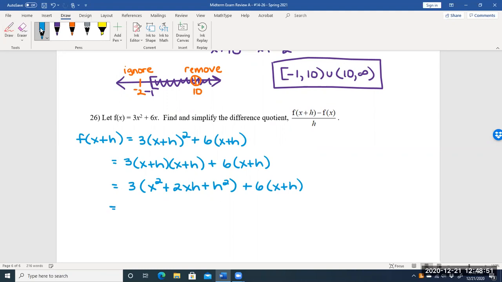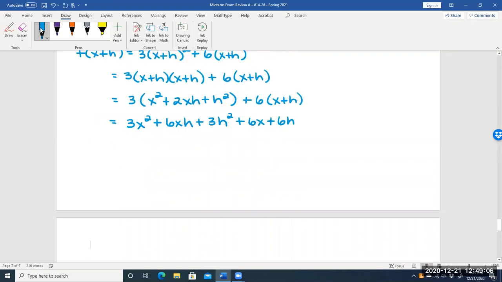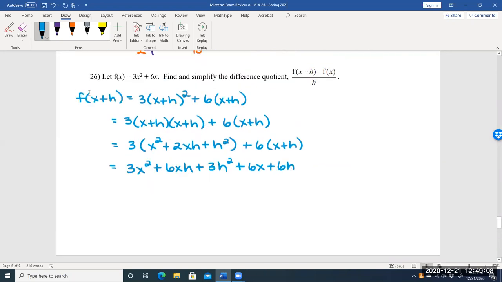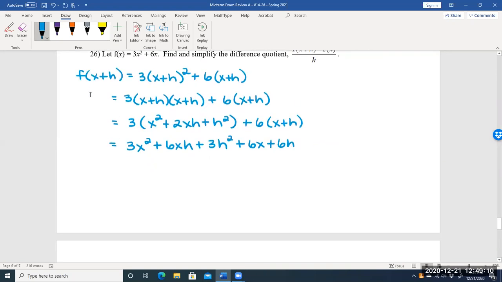Now I'm going to go ahead and distribute the 3. And I'll distribute my 6 as well. That 6 can be distributed whenever. I just waited to distribute it until I distributed the 3.